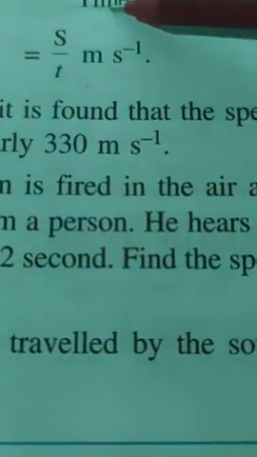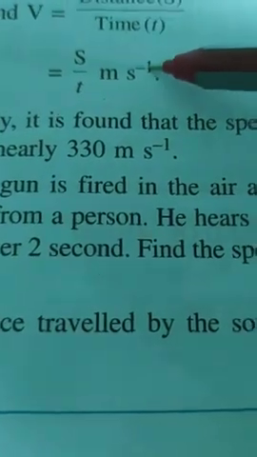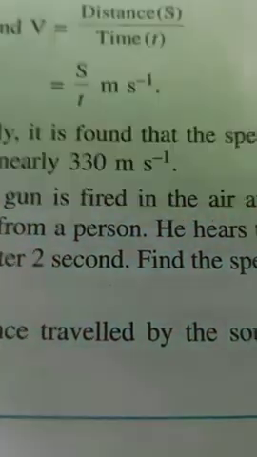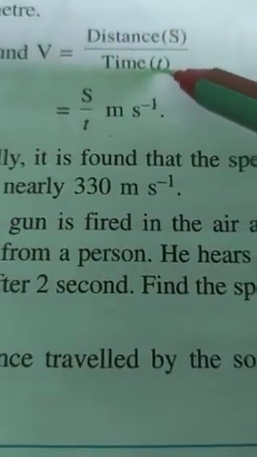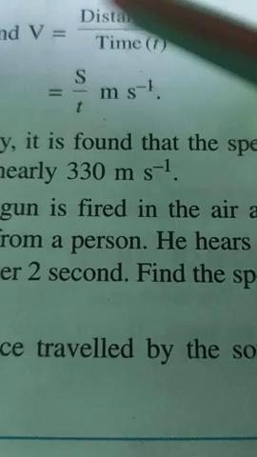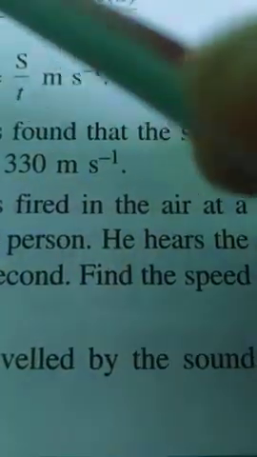Another person at hill B starts a stopwatch as he sees the flash of the fire, and stops it on hearing the sound. Thus, he measures the time interval between seeing the flash and hearing the sound. Let it be T seconds, and measure the distance between hill A and hill B.